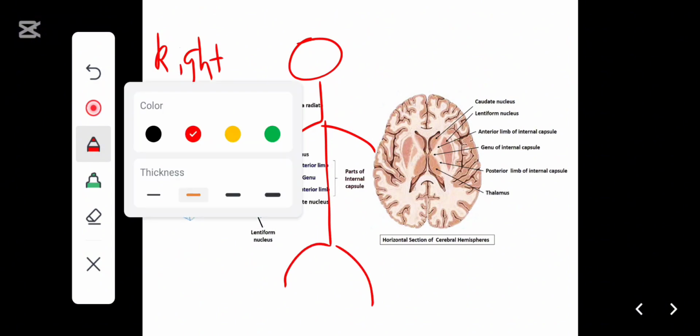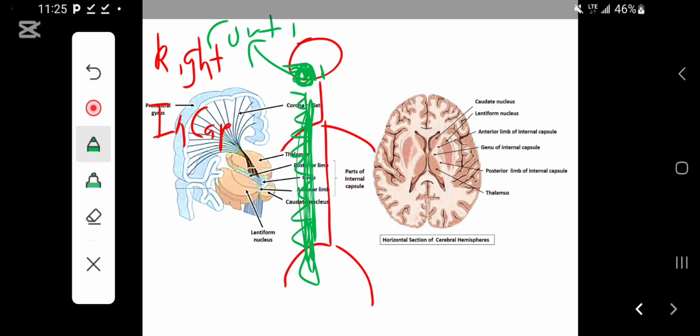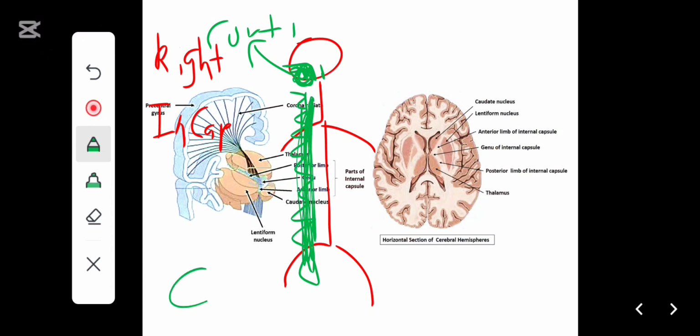I know for a fact that if the right side is affected, then the corticobulbar tract on the left side, the left bottom part of the face, is going to be affected, whereas the left side of the entire body is going to be paralyzed as well. This one here for the face is from the corticobulbar tract. This one here for the body is from the corticospinal tract.